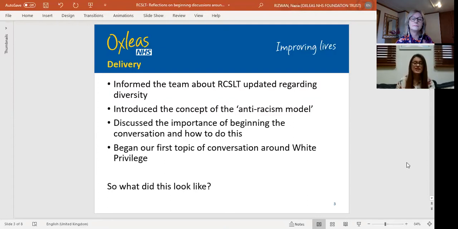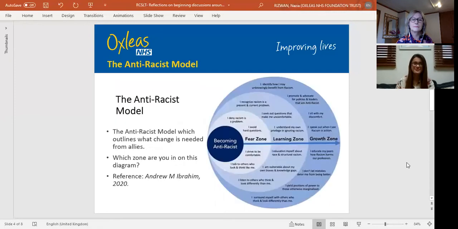The main aim of the presentation wasn't necessarily about covering lots of new material or talking in depth around different issues relating to racism, but rather about the importance of beginning the conversation and how just talking about it can be difficult. That was the main bulk of the conversation, with the breakout activity focusing on the topic of white privilege.